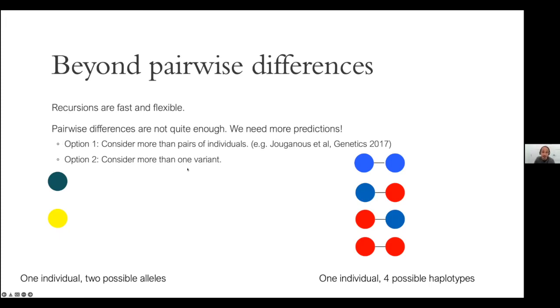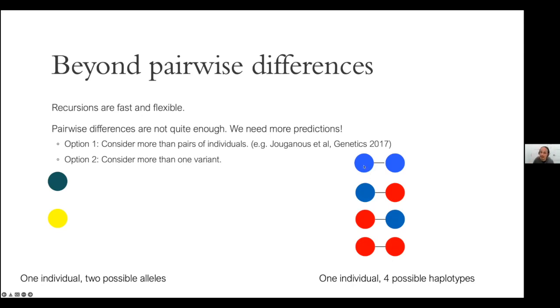The other option, which is going to be the focus here, is considering more than one genetic variant at a time. So far, I was considering a single variant at a time, and asking how likely it is that 2 individuals are different at one position. Each individual had only 2 possible alleles they could carry at each position. Now we're going to consider 2 genetic variants at a time.